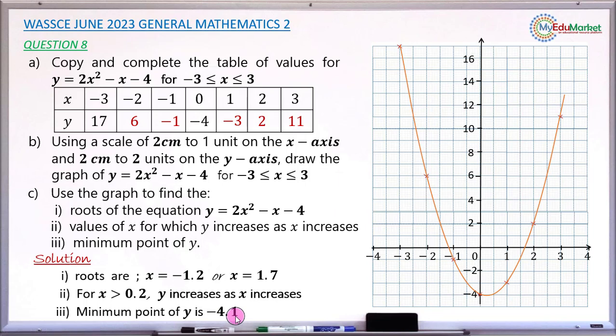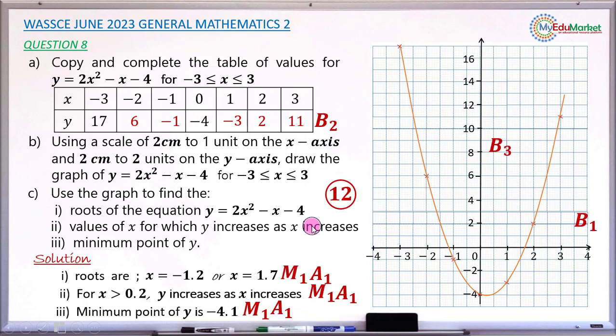Let me just share with you quickly how this question was marked during the marking of this very paper, WAEC 2023. So the very first mark is the bonus 2 marks, and you have this bonus 2 marks when you completed this table accurately. For any wrong entry here, it is going to be minus half a mark.